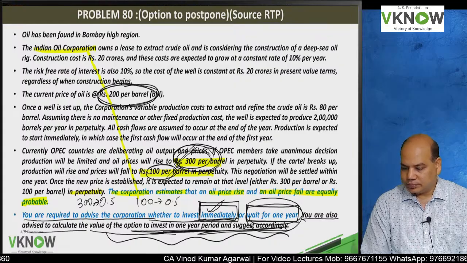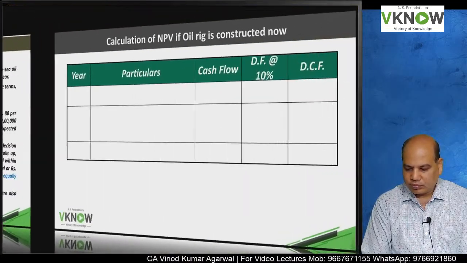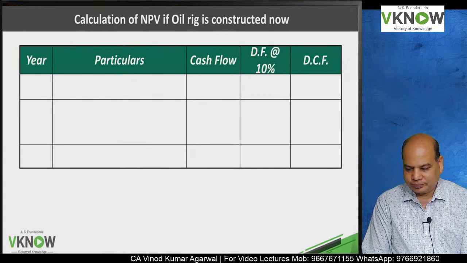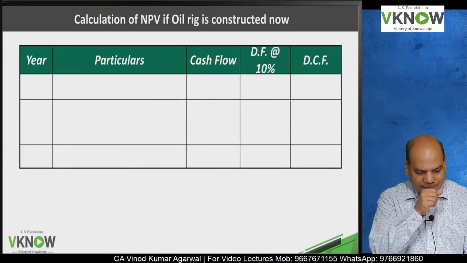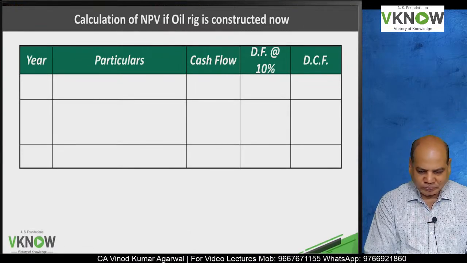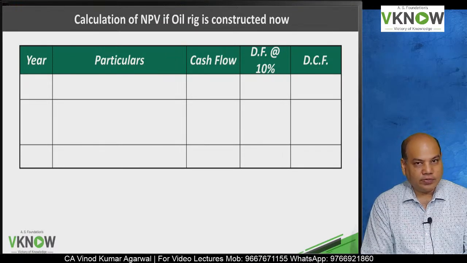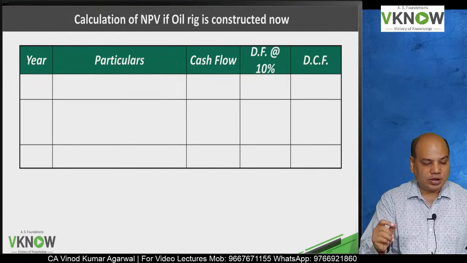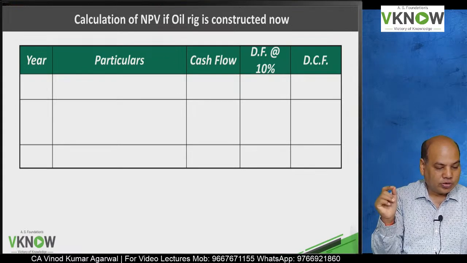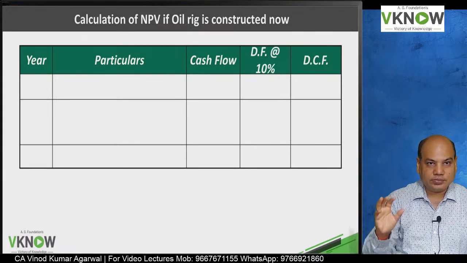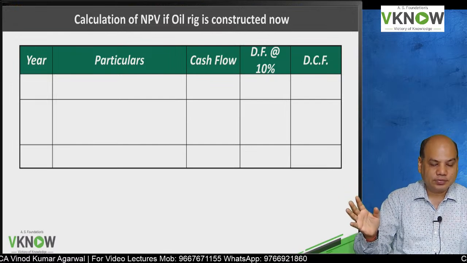So how do I solve? Calculation of NPV. If the oil rig is constructed now, that is very easy. You will incur cost today, you will get the revenue forever.